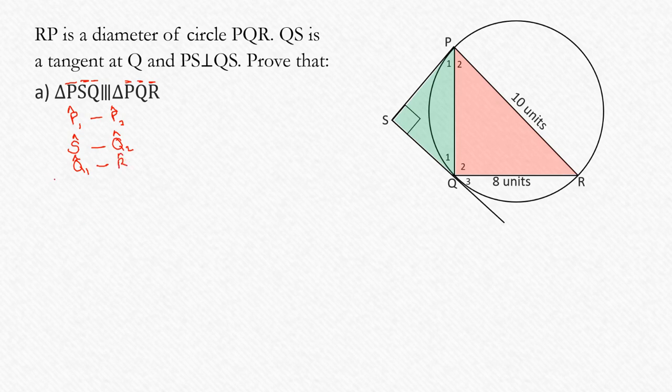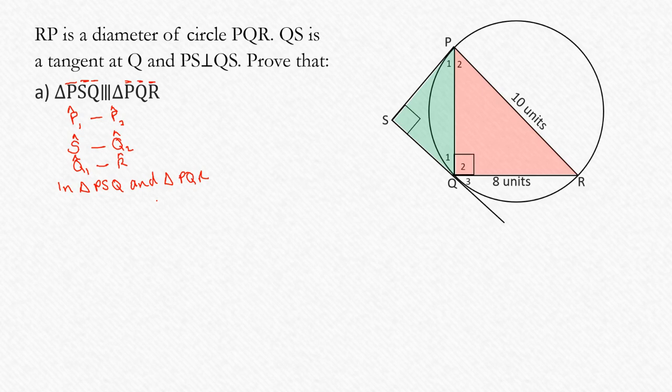Okay, so now in triangle PSQ and triangle PQR, let's write our statements with reasons. So we're going to start with which angle? We're not given Q2 there, but we know it is subtended by the diameter, so it's an angle in the semicircle. So this is 90 degrees.